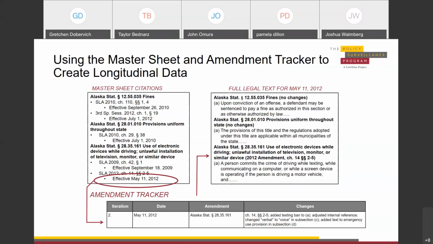The researcher will then copy the body of the law for every citation in effect on the date listed for that iteration in hierarchical order and paste it into the legal text.